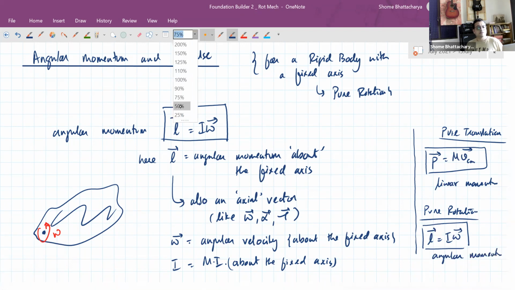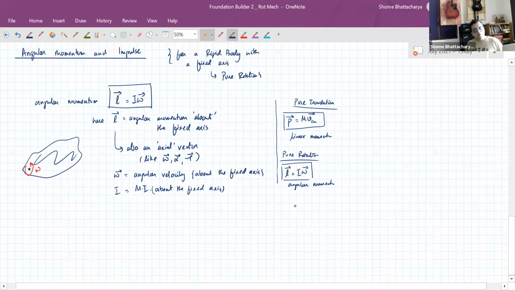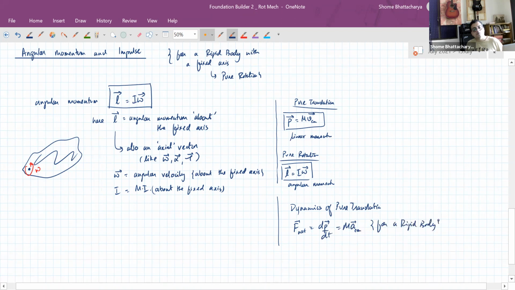And likewise, for dynamics of pure translation, we have that net force is equal to rate of change of momentum, which becomes mass into acceleration for a rigid body, because its mass is fixed. So likewise, for dynamics of pure rotation, the net torque is defined as the rate of change of angular momentum, which further becomes I alpha.